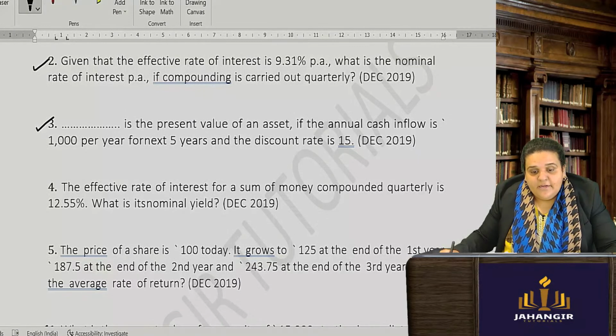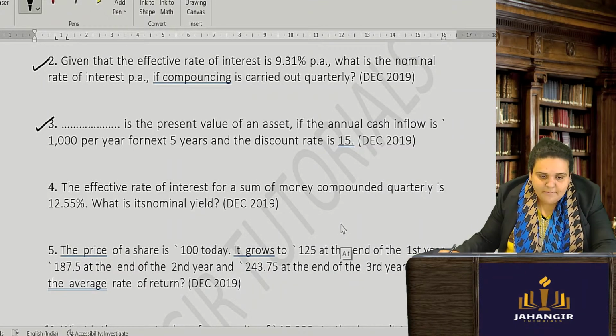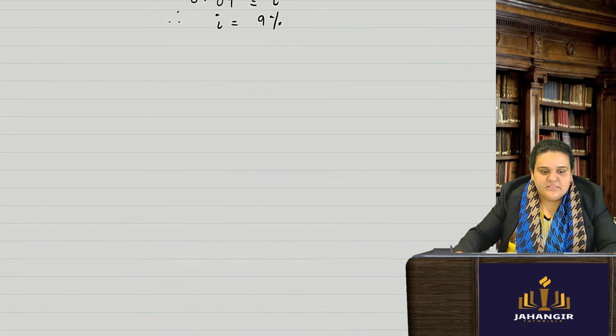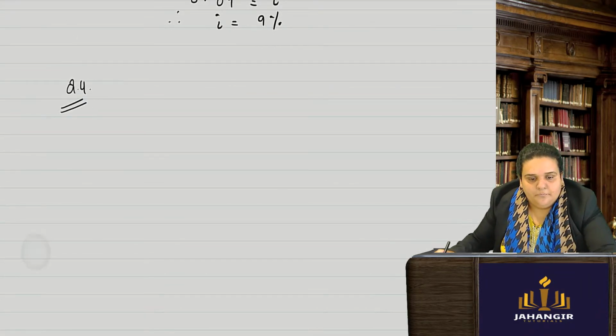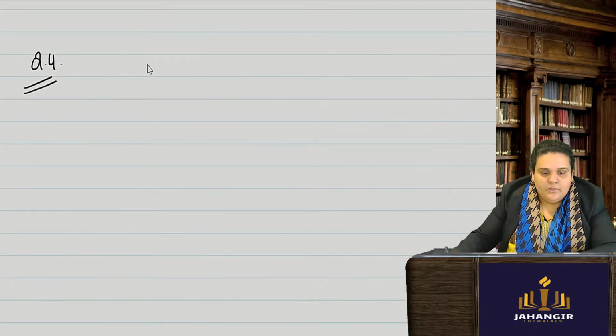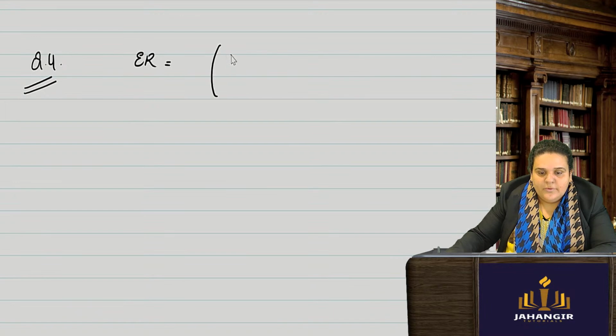The effective rate of interest for a sum of money which is compounded quarterly is 12.55%. What is the nominal rate of interest? Same question again, just the number is different. So the effective rate of interest of a sum which is compounded quarterly, n will be 4, the whole thing raised to 4 minus 1.